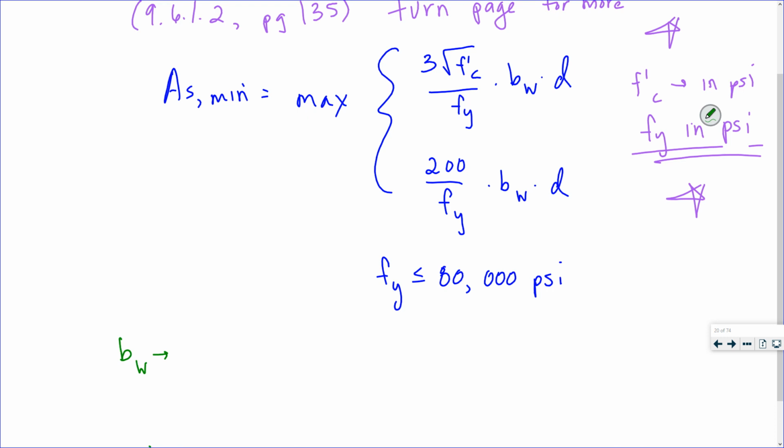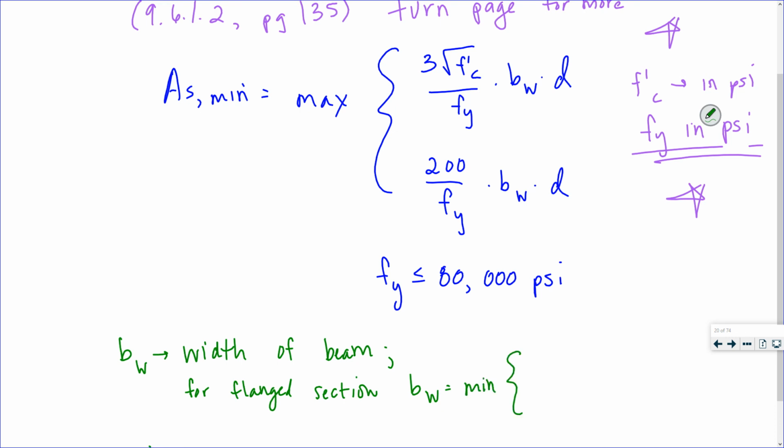For a statically determinate beam with a flange, the value of BW shall be the smaller of the width of your flange or 2 times the actual width of your beam, which would be if you have a flanged section, like a T. T is what you're generally going to have.